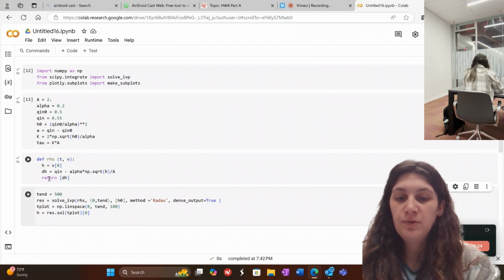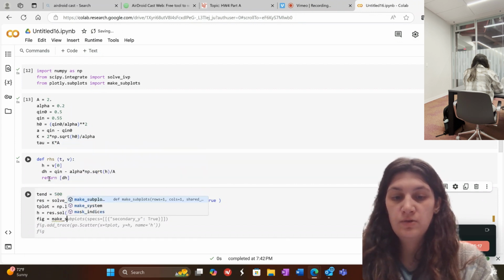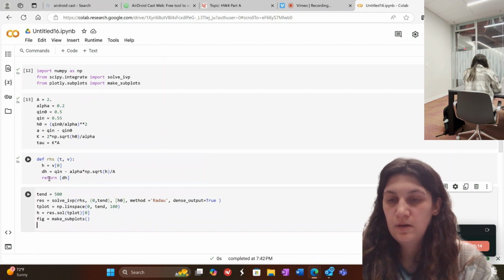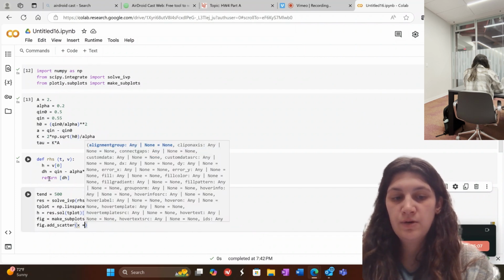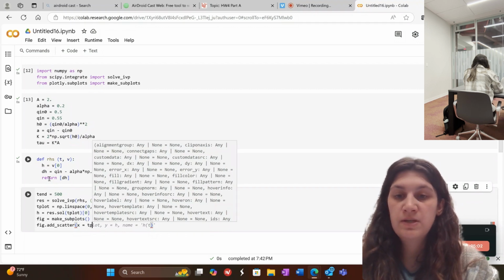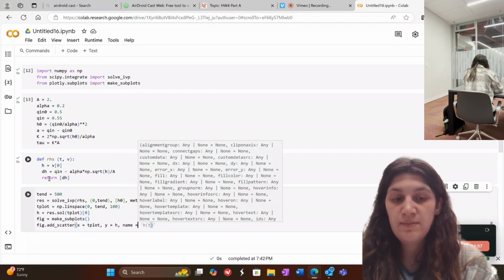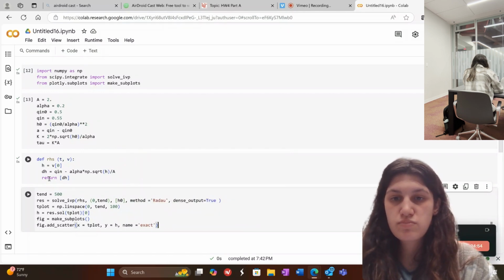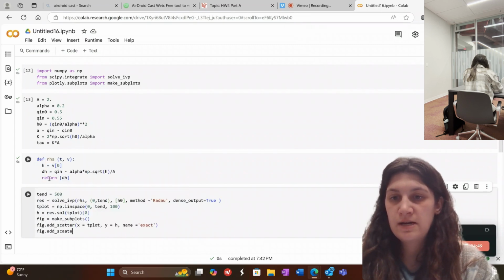Okay. Now for our plot, we could say that fig is equal to make_subplots, add scatter. The first one that we want to make is our exact line. So our x is going to be tplot, our y is going to be h, and then we're going to name it exact. And now we want to make another line, so add scatter.